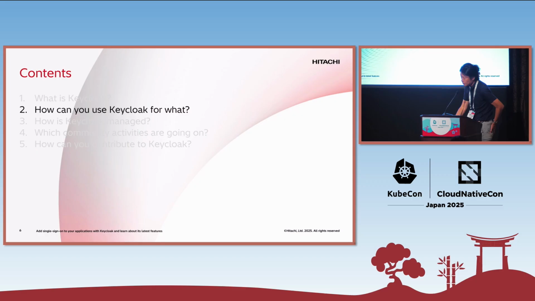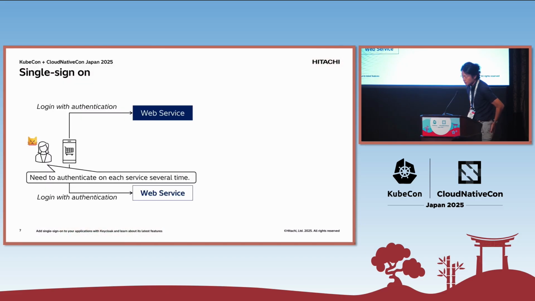Next, I'd like to tell you what you can do by using Keycloak. Mainly, I'd like to introduce two features: single sign-on and securing API access. The first one, single sign-on, maybe you already know, but please imagine the situation that you use several web services, and each web service requires user authentication. So in this situation, you need to authenticate yourself onto each web service.